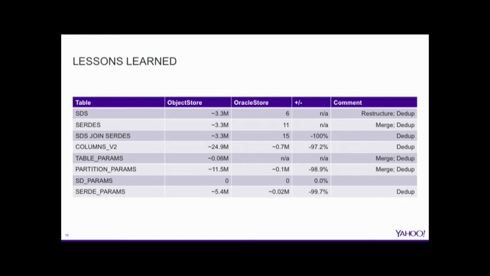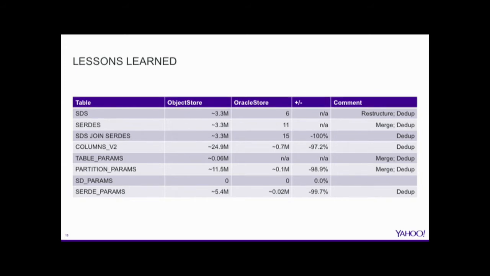Unfortunately, the existence of these 2 columns in the SDS table makes every row unique. If we were able to take these 2 columns out and put them in a more appropriate table, then we could deduplicate all the remaining records, and what we would find is that this table really only has 6 distinct records. So we go from 3.3 million records down to 6.